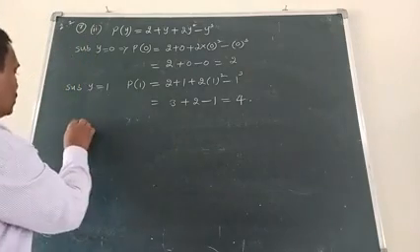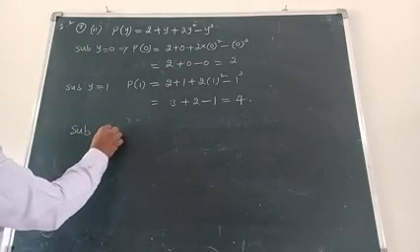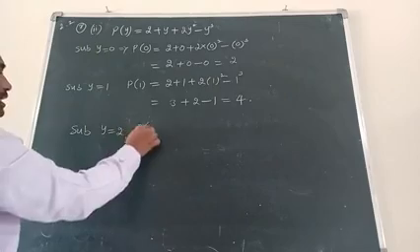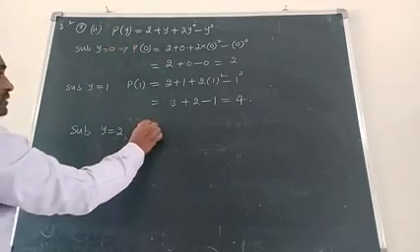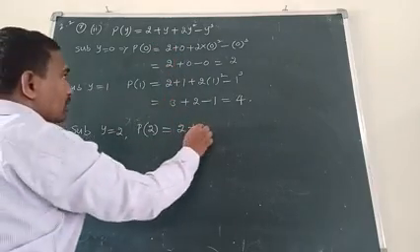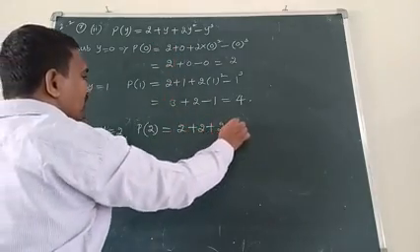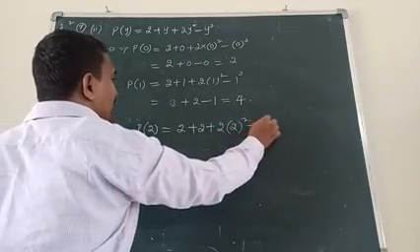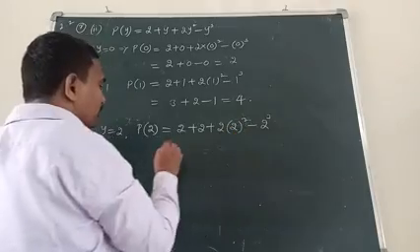Okay. Next to P of 2. Substitute y equal to 2. P of 2 equal 2 plus 2, plus 2 into 2 square, minus 2 cube.